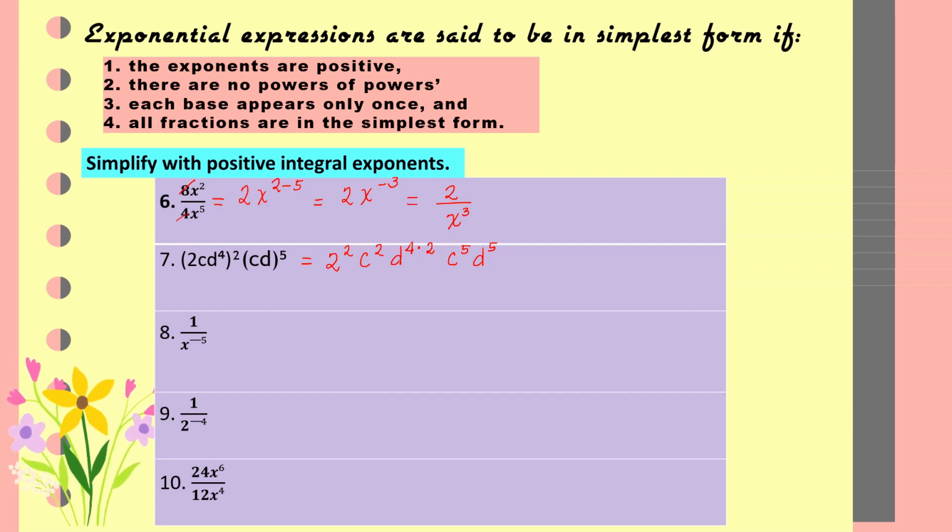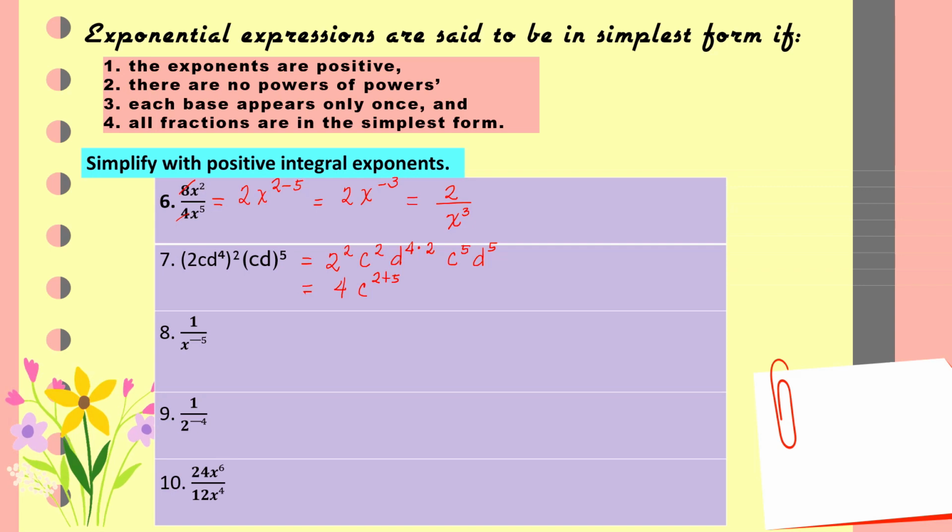So, now, let us simplify. 2 squared is 4, and then c is 2 plus 5. We have the product and then add the exponent. And then for letter D, we have 8 plus 5. Saan galing yung 8?